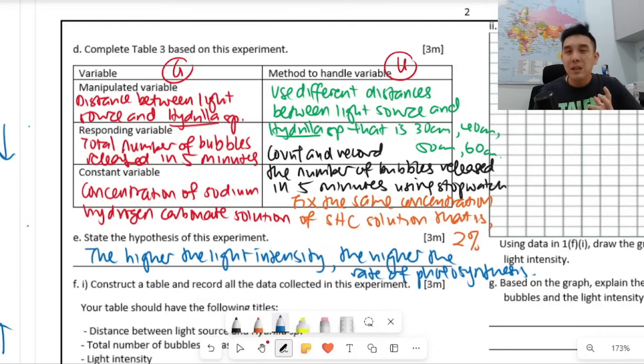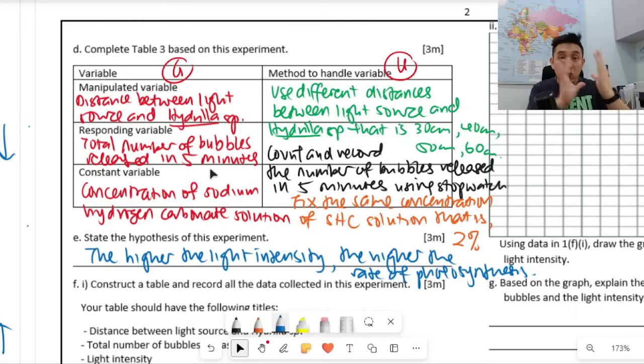There's another one whereby it's based on the experiment, whereby, guys, just have a look. When the distance between light source and hydrilla is shorter, the total number of air bubbles released in 5 minutes is higher.